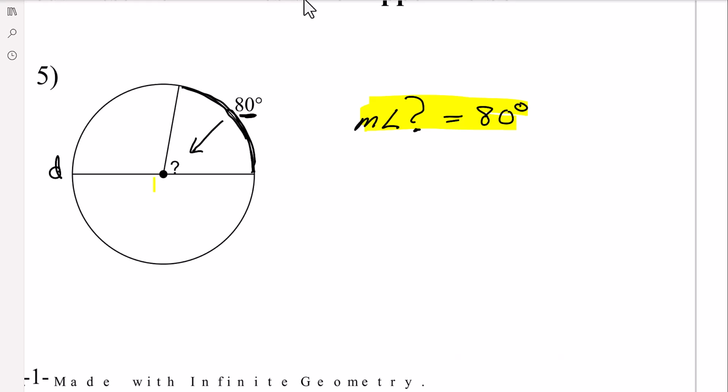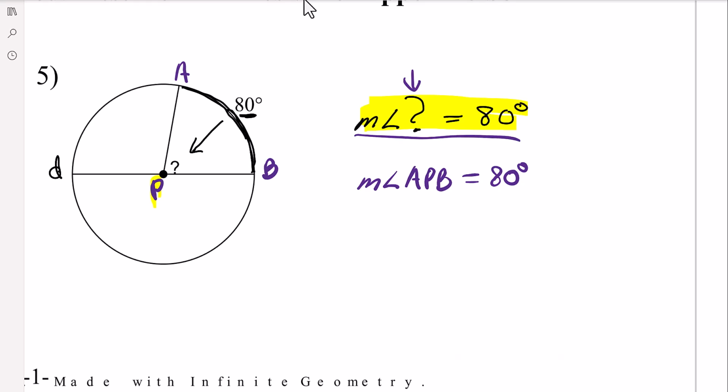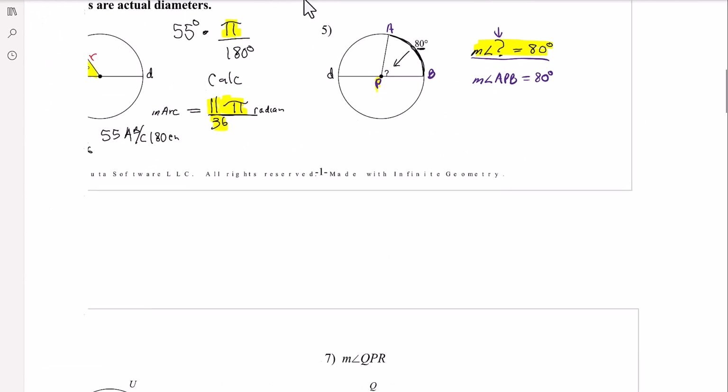Normally, this would have a letter, this would have a letter right there, this would have a letter, this would have a letter. So normally you would say the measure of angle APB is 80 degrees. But because this did not have any letters and all they gave us for the angle was a question mark, I'm okay if you write it like that. All right.